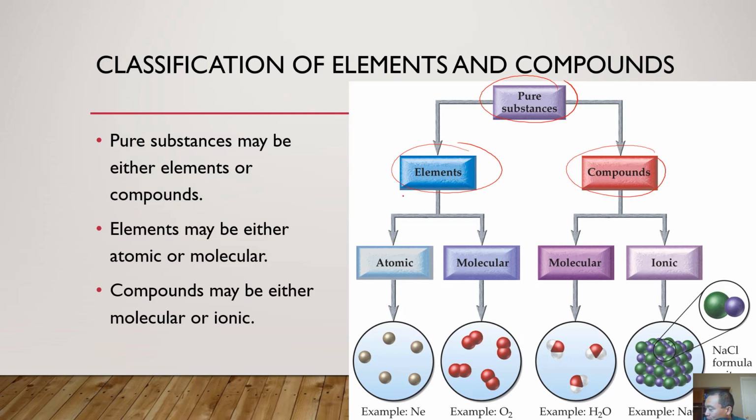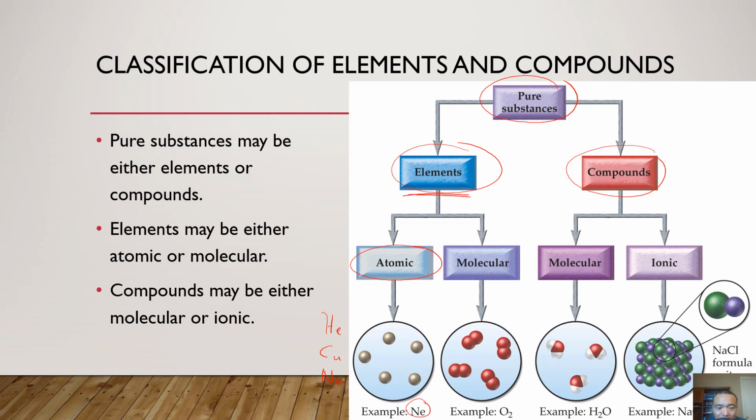If an element is composed of atoms only, then we call this an atomic element. For example, neon, helium, copper, or sodium, they are all atomic elements.